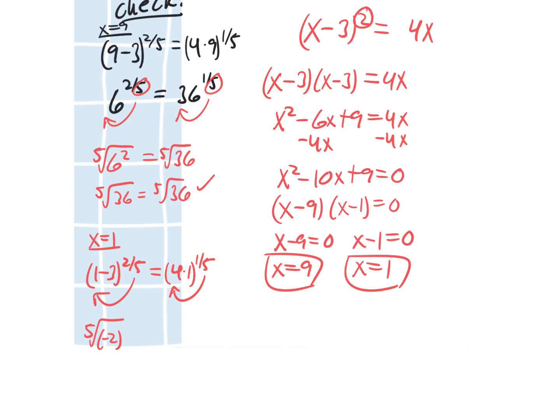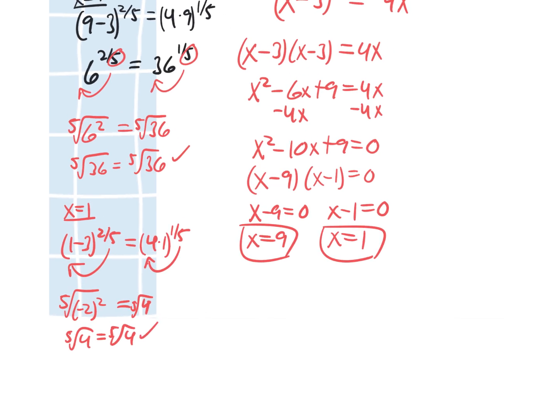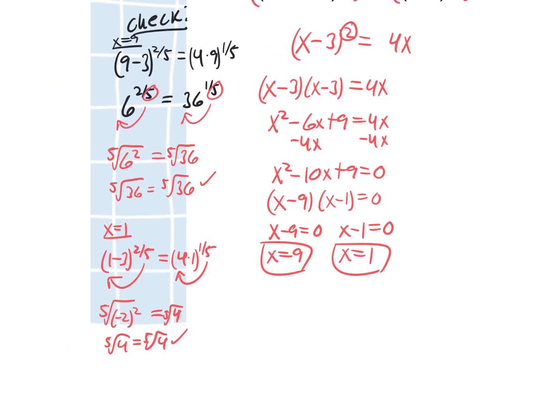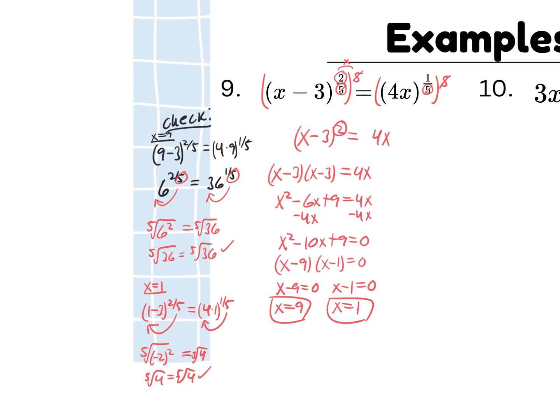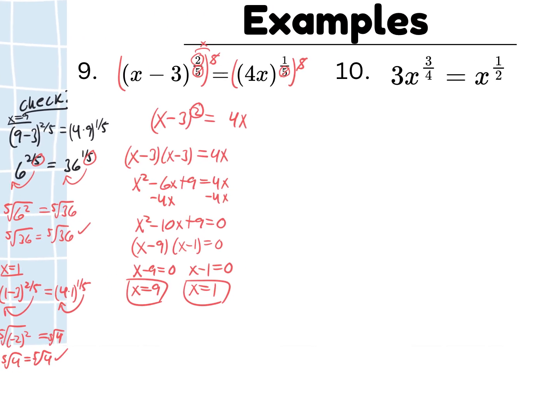So I get the 5th root of negative 2 squared equals the 5th root of 4, and that's the 5th root of 4 equals the 5th root of 4. So it does work. So these are both valid solutions. Both of our answers work.